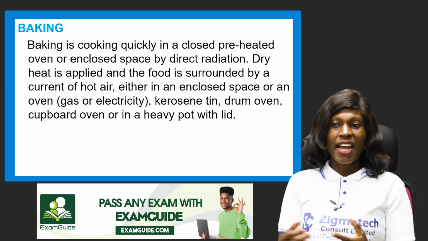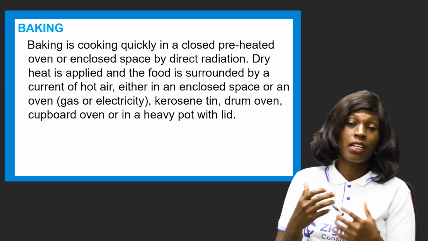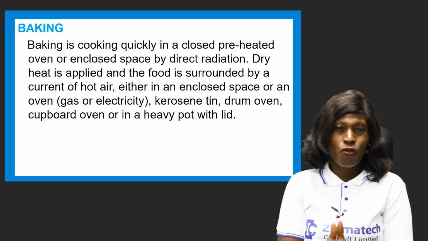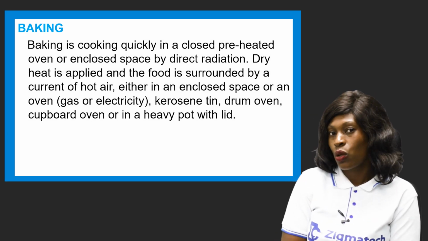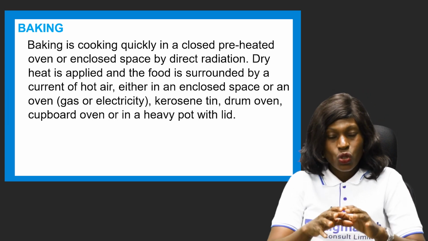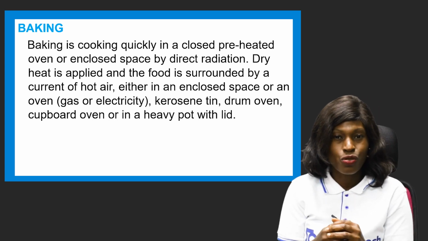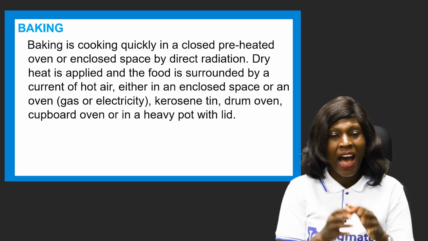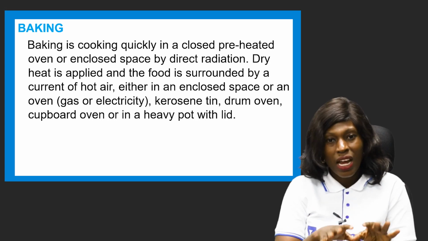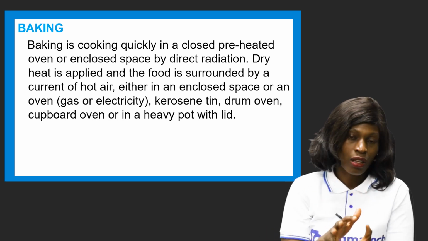Dry heat is applied and the food is surrounded by a current of hot air, either in an enclosed space or an oven. When we say an enclosed space, it's in an oven or you're using something else. Some persons bake using a pot, some persons bake using a pan. You can do that in an enclosed place, but it must be enclosed.